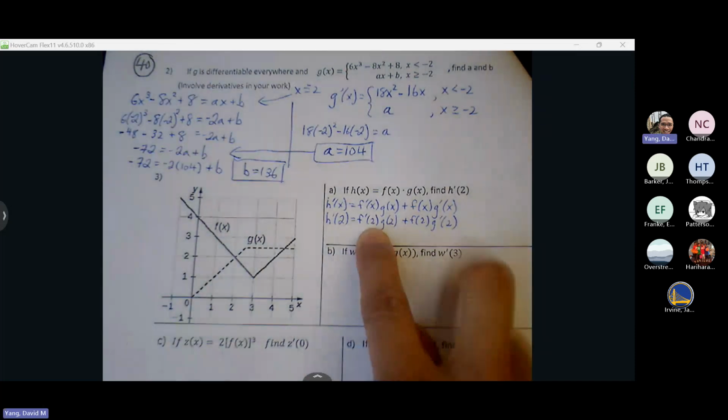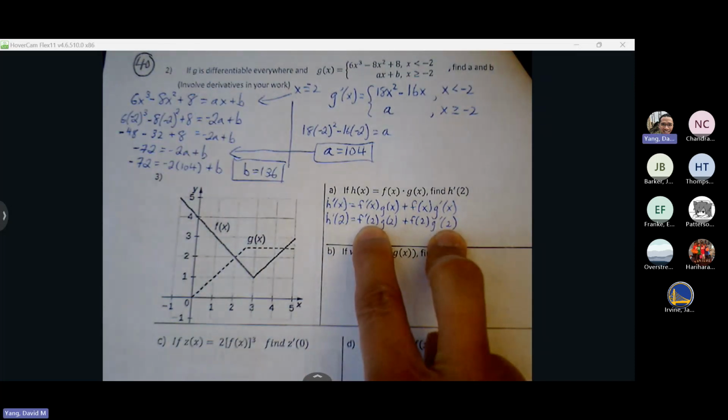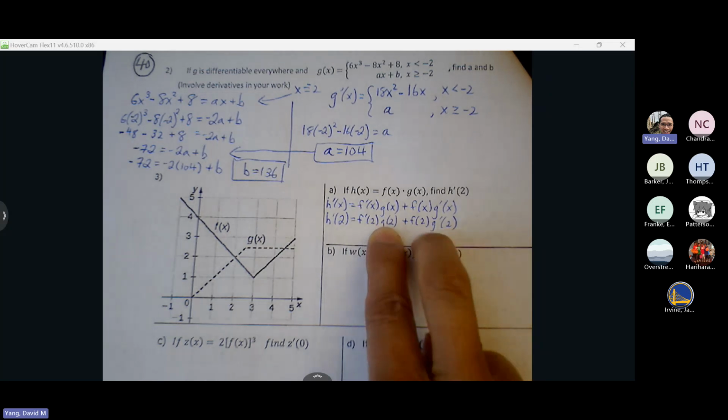So f prime of 2 and g prime of 2 are both asking for the slopes of their respective graphs at 2. f of 2 and g of 2 are asking for the y values at those points.